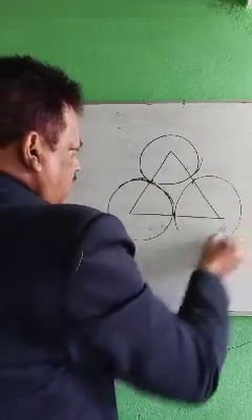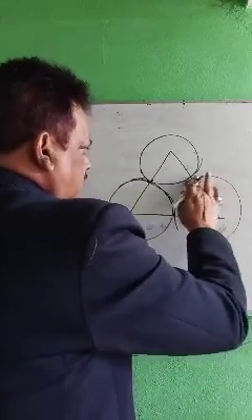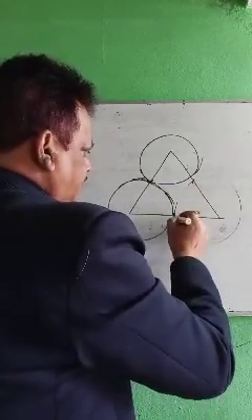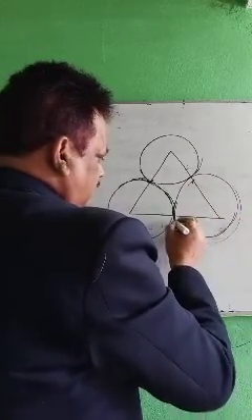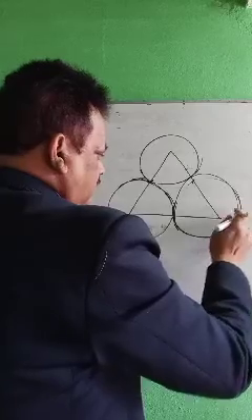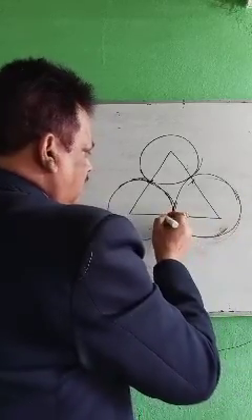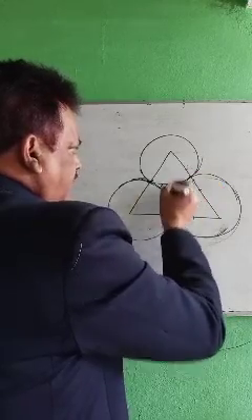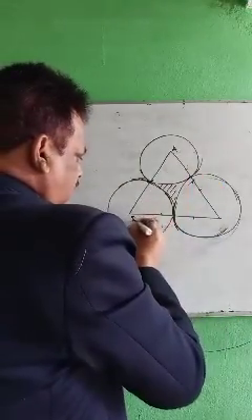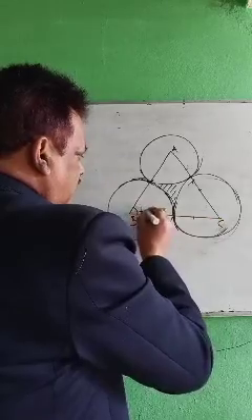Third circle is drawn here, but it has to touch. Sorry. But all equal here. So you are asked to find area of this. So each angle is 60 degree.